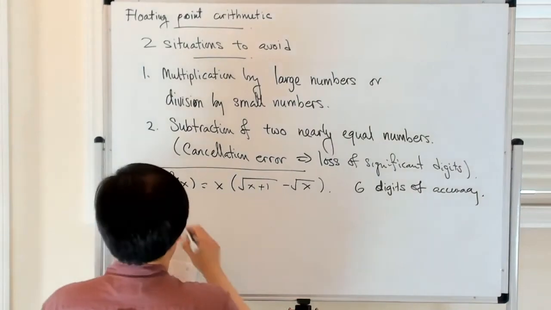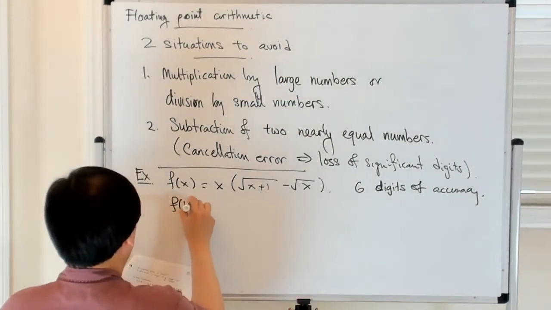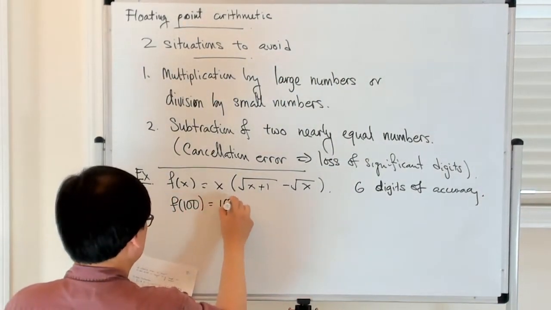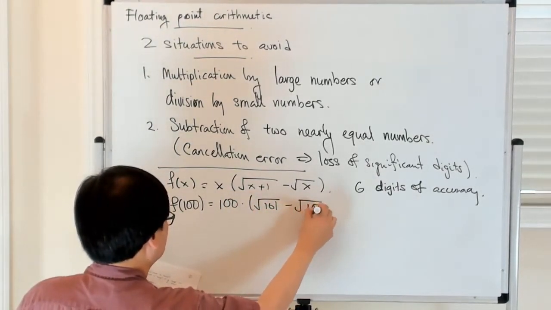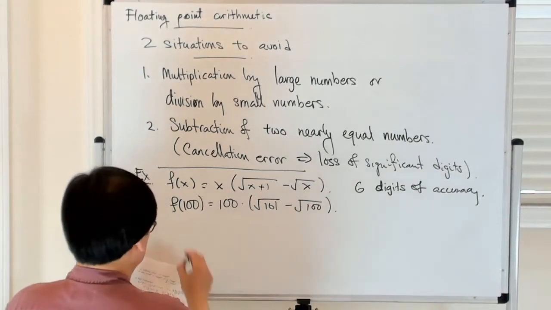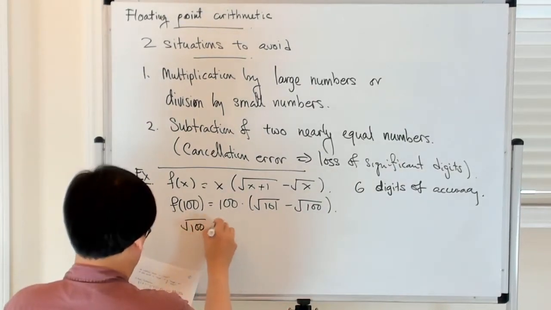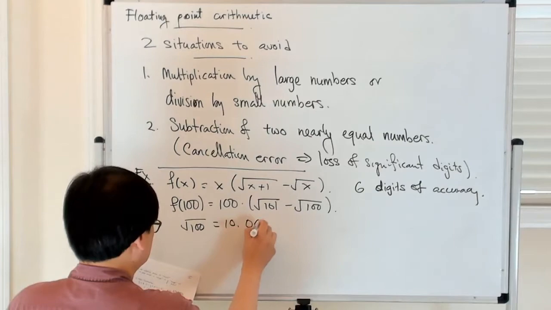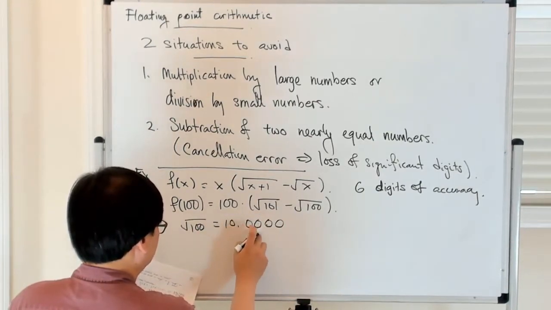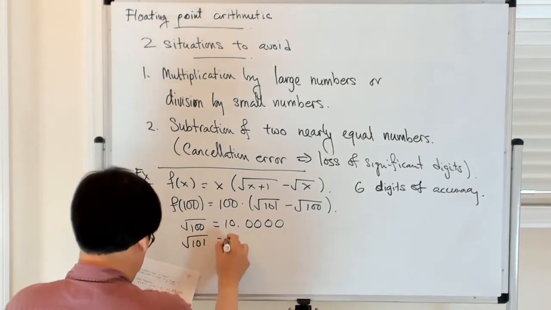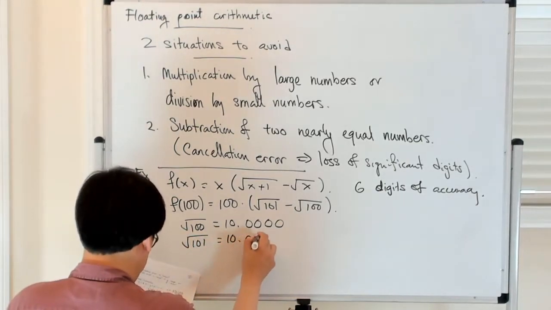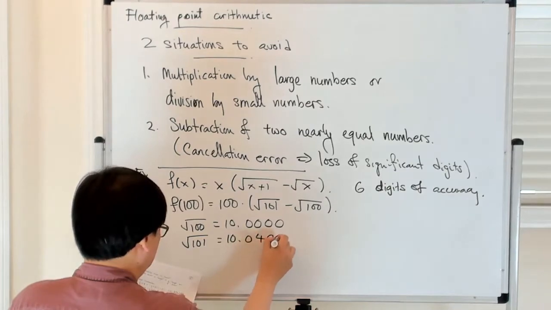So f of 100 is 100 times the square root of 101 minus the square root of 100. The square root of 100 is 10.0000, and the square root of 101 is 10.0499, to 6 digits of accuracy.